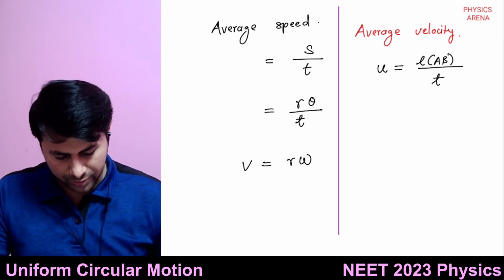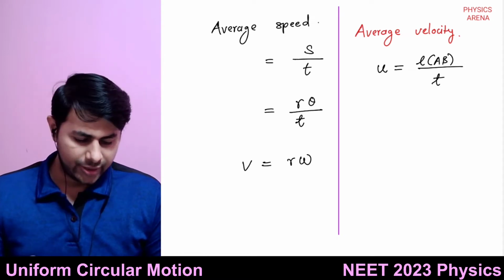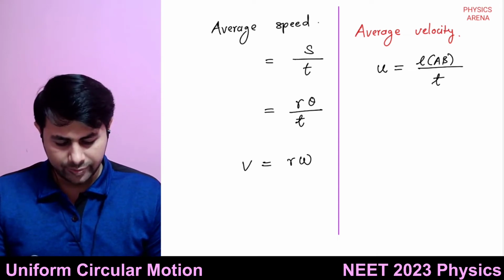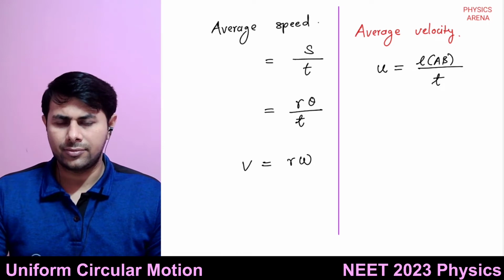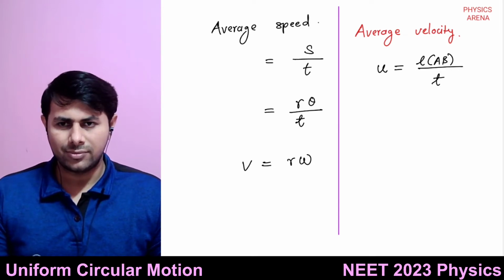Now can you tell me which magnitude would be more, average speed or average velocity? Average speed will be more.